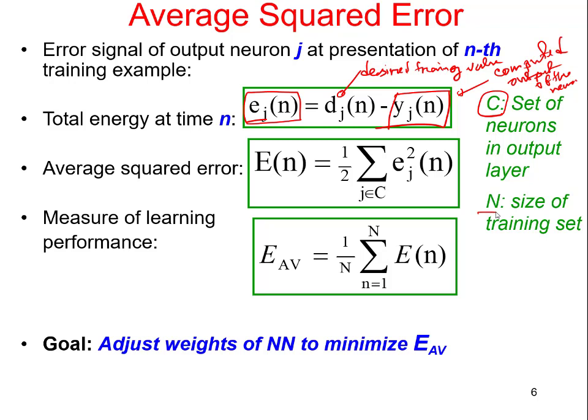The half comes from the formula: the summation over each neuron in the output layer C of its own squared error, computed as in the previous example.